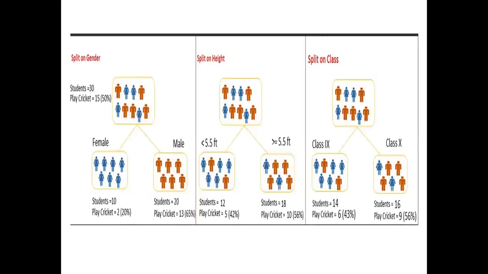While building the decision tree based on gender, height, and class, here we have built a tree based on the gender, the height, and the class. Here the percentage is also calculated. When we split it according to gender, the students came as female and male. Here the percentage is calculated of who played cricket most.